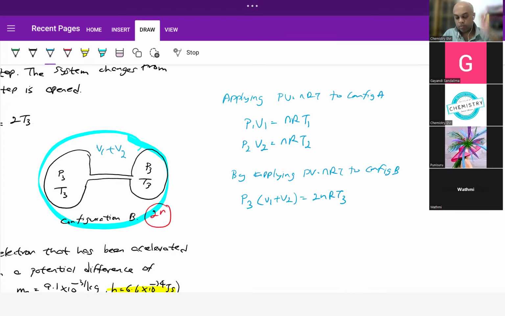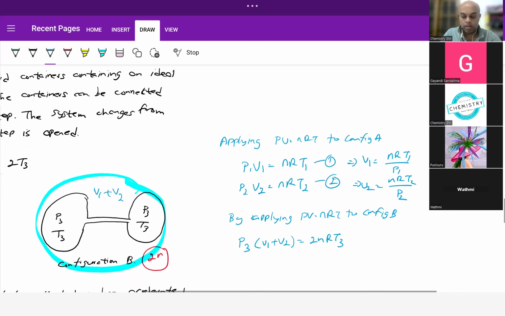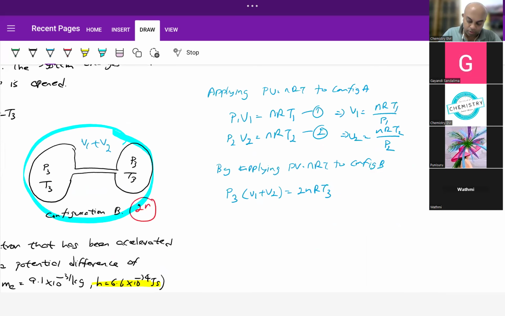So from the first two equations, this one and this one, I can say V1 is equal to nRT1 divided by P1, and V2 is equal to nRT2 divided by P2. I will substitute these values here.